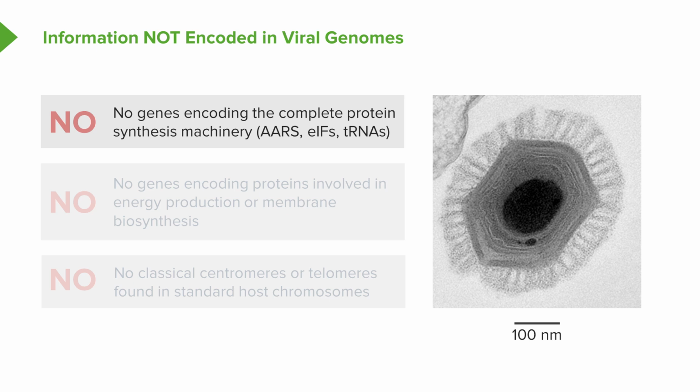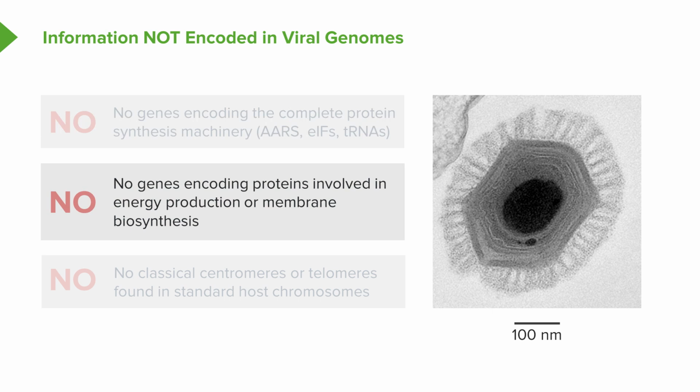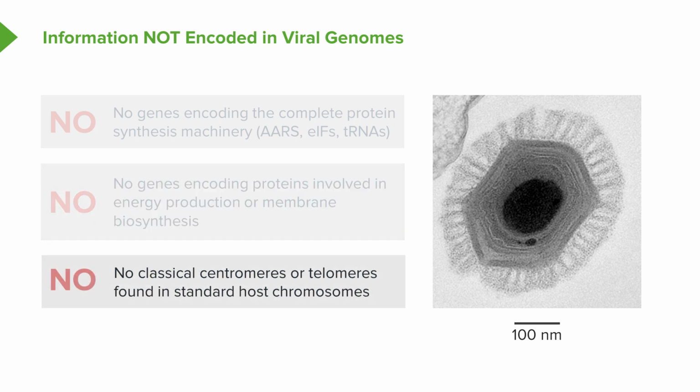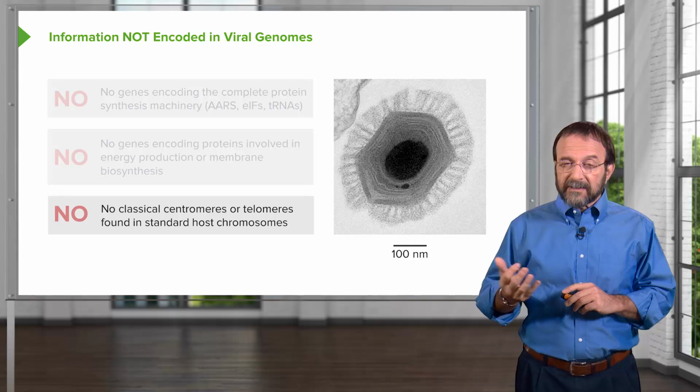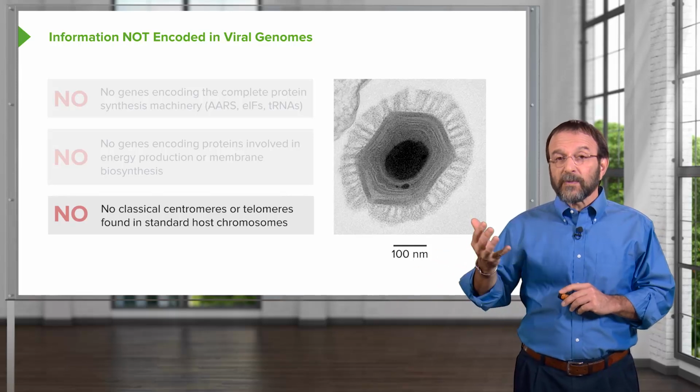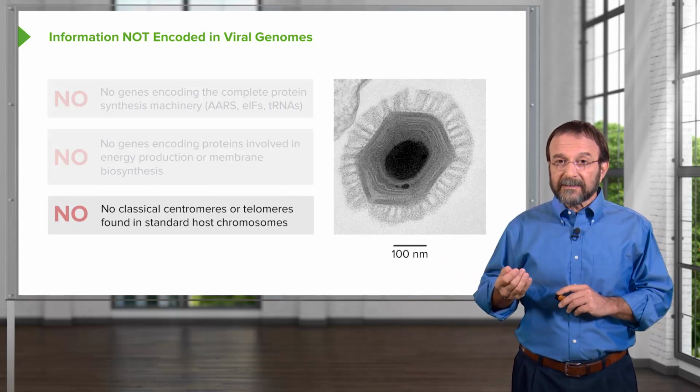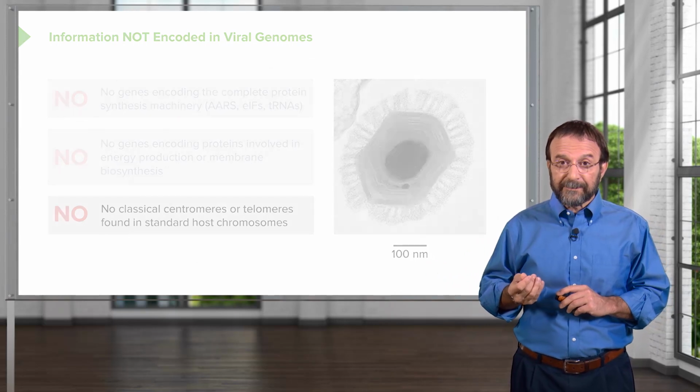But no virus encodes the complete translation system. There are no genes encoding proteins involved in energy production or membrane biosynthesis. Again, those have to come from the cell. And there are no classical centromeres or telomeres that you would find in a standard host chromosome. The absence of such genes, as well as many others, is why viruses are obligate intracellular parasites.